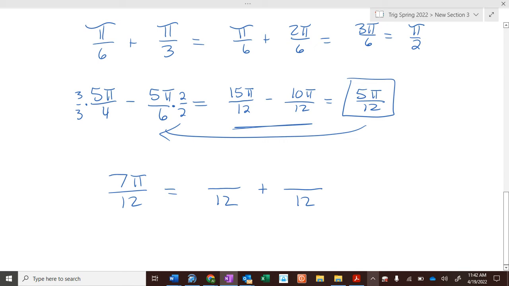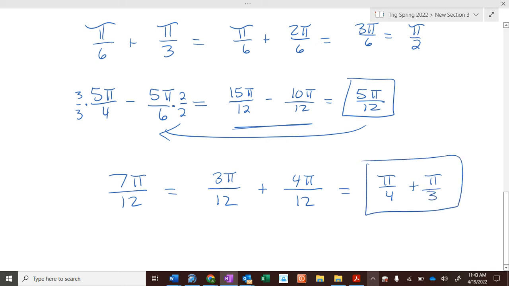No. So we shouldn't use 1 and 6. If I look at 2 and 5, do both of them reduce? No, 5 doesn't reduce. That one we can't use. What other numbers add up to 7? 3 and 4. Do each of those reduce? Yes. If both of them reduce, that's what you want to use. So you get pi over 4 plus pi over 3.